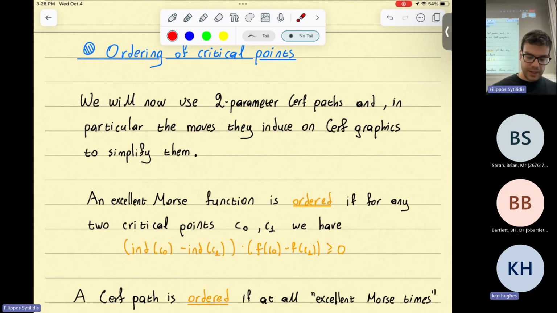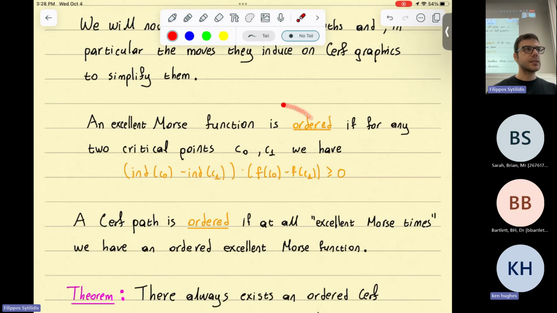The first thing to say is, before we go into surf graphics and surf paths, if you just give me an excellent Morse function, what does it mean for it to be ordered? It means that if I have any two critical points such that one is higher than the other, then the index of the higher critical point must be greater than or equal to the index of the lower critical point.